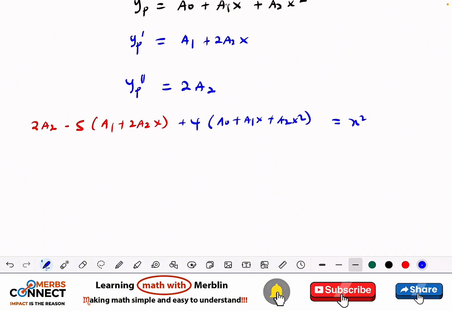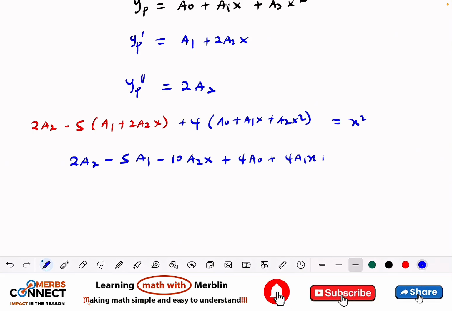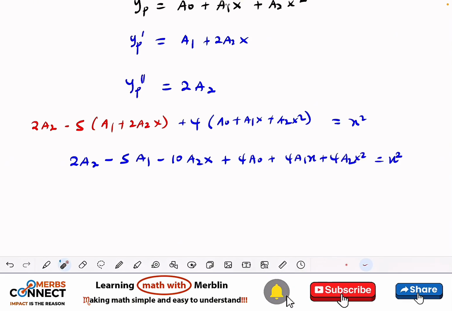Now expand and compare. 2a2 minus 5a1 minus 10a2x plus 4a0 plus 4a1x plus 4a2x squared is equal to x squared. So just multiply through by minus 5, multiply through by 4.